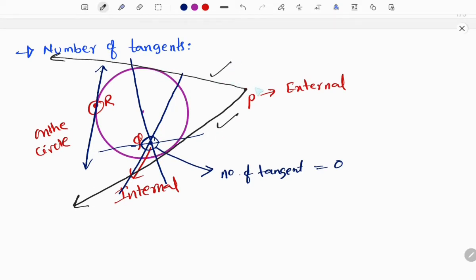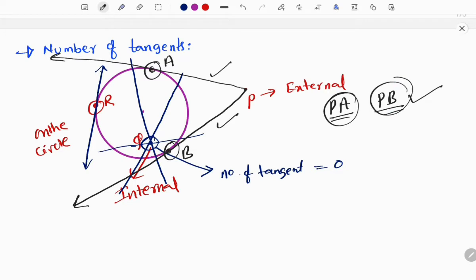Suppose this tangent touches the circle at A, and this one touches the circle at B. Here PA, PB are the two tangents. So from the external point the number of tangents is 2.